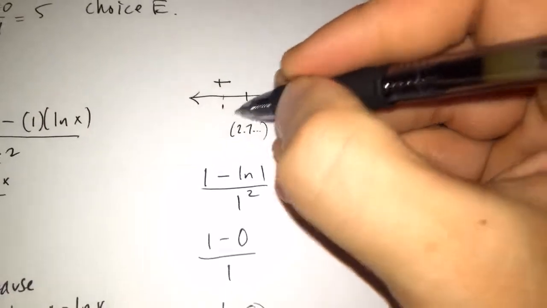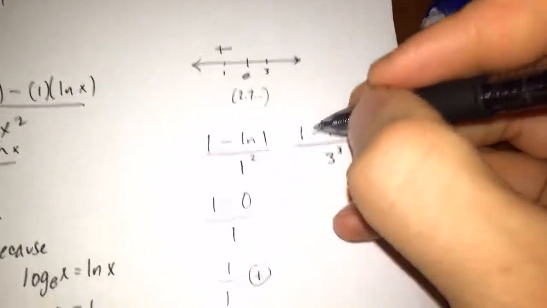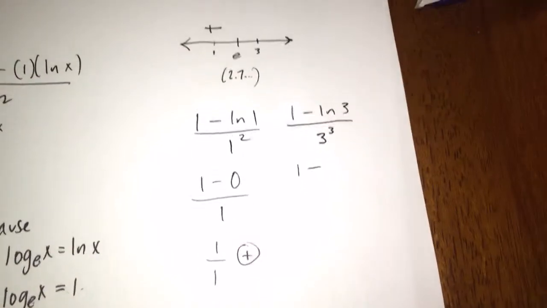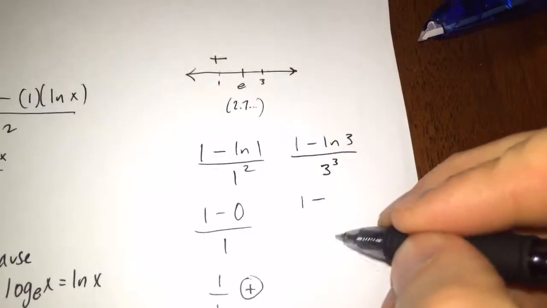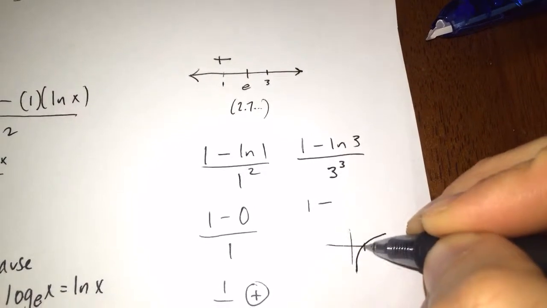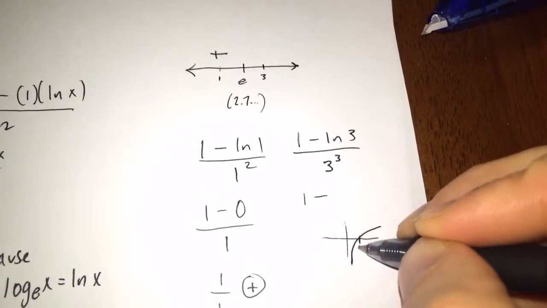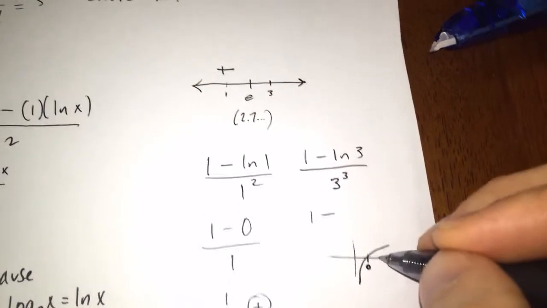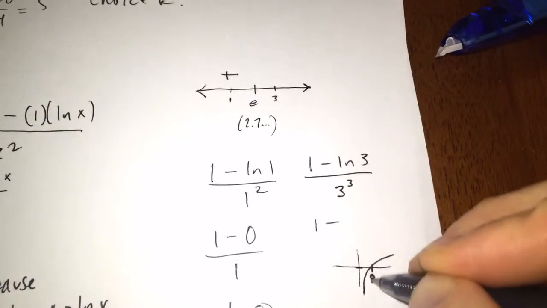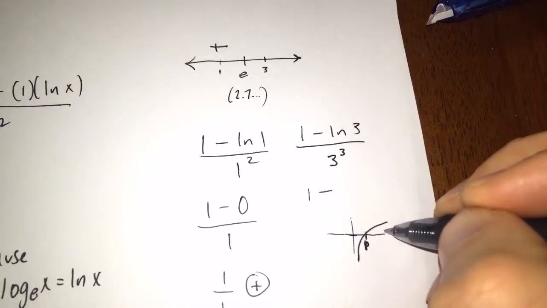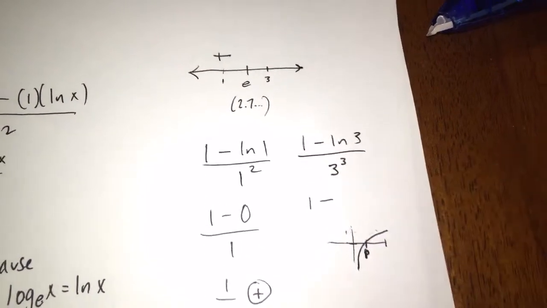Now I'm going to test a value bigger than e, and that's 3, so I plug it in: 1 minus ln of 3. You have to kind of know your graph of ln. This is where it's 0. ln of 3, well, the y value is 0 at 1, so at 3 it's probably greater than 1.